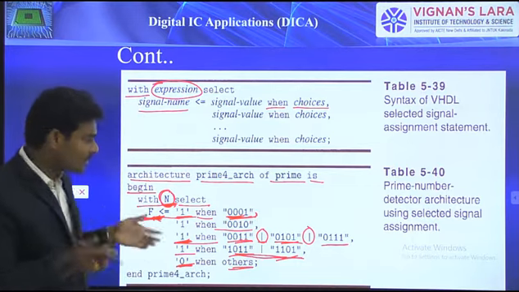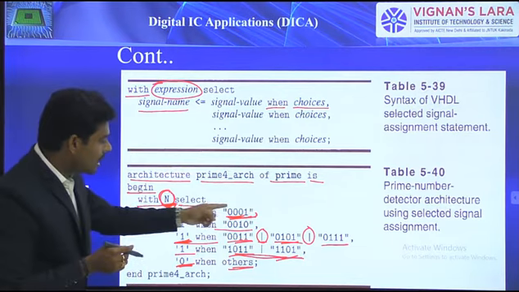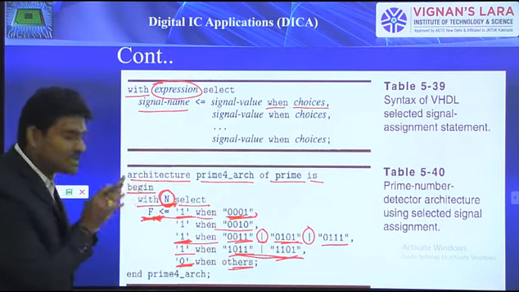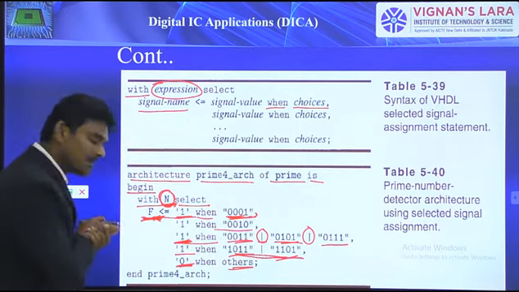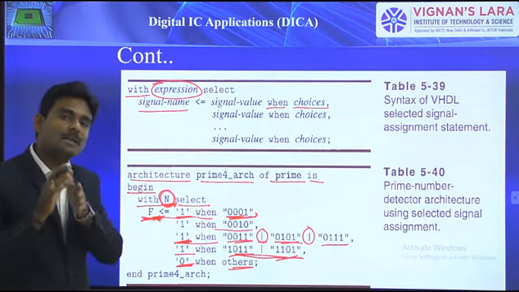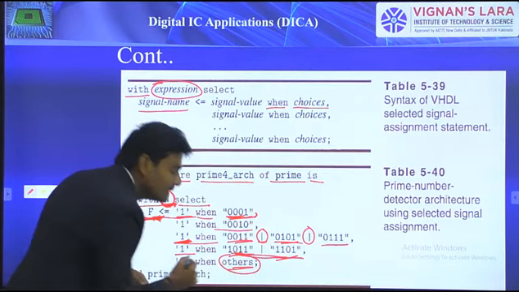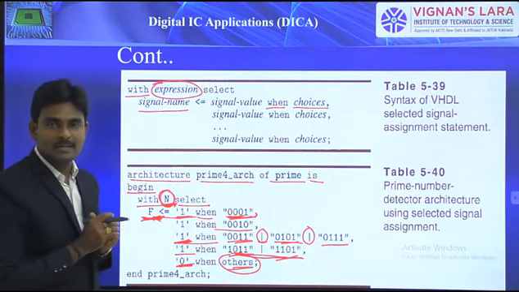We know that the prime numbers from 0 to 15 are 1, 2, 3, 5, 7, 11 and 13. Other than these prime numbers, whatever input we applied to the prime number detector, the output must be 0. So by simply mentioning others in the last choice, it covers all remaining input combinations.